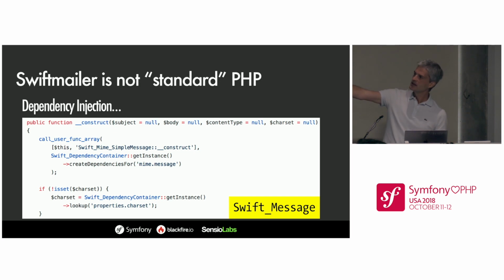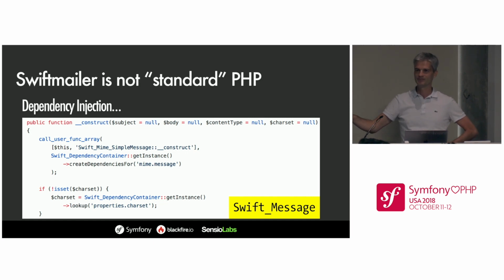That's the way it is in SwiftMailer 6. We have the Swift message class that extends the Swift MIME simple MIME message or something like that, I can't read from here. You can see that we are calling the constructor, and then we are using the dependency injection container as a singleton to get the dependencies.